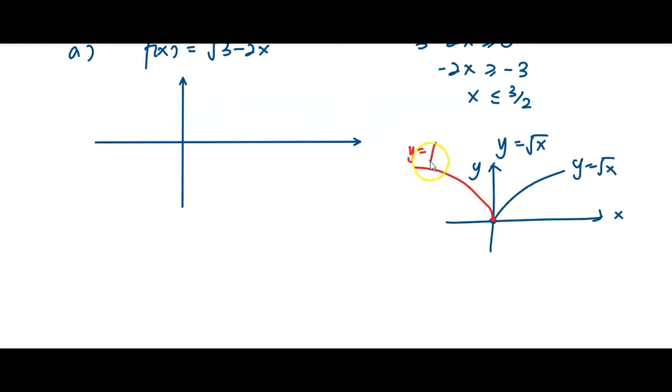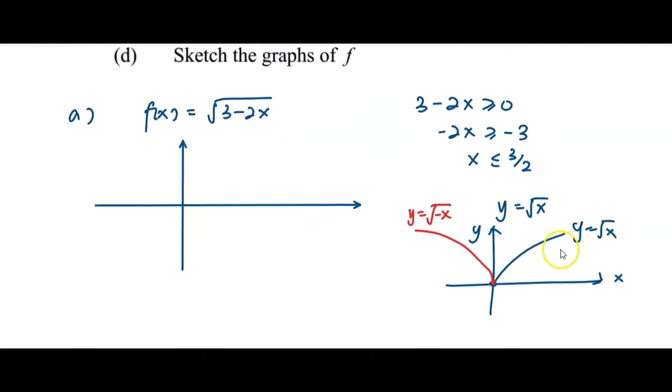This is y equals square root of negative x. So the shape of the graph for our function will be similar to the square root of negative x since the coefficient of x is negative. But now it is shifted 3 over 2 units to the right side.